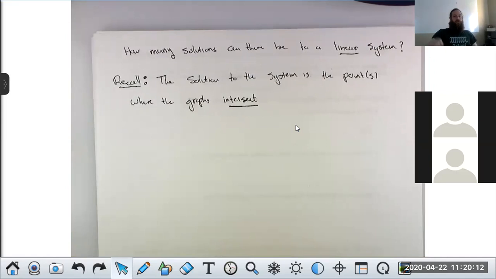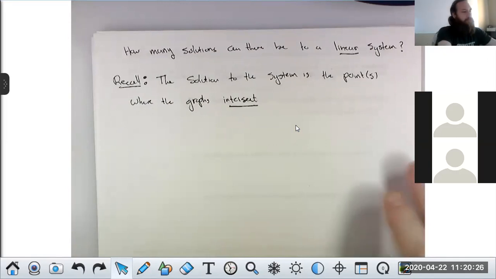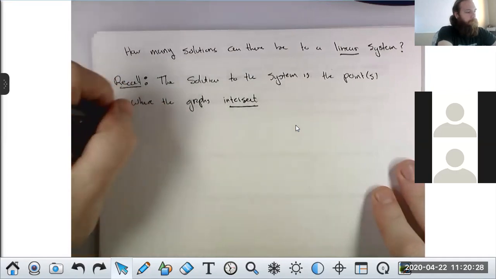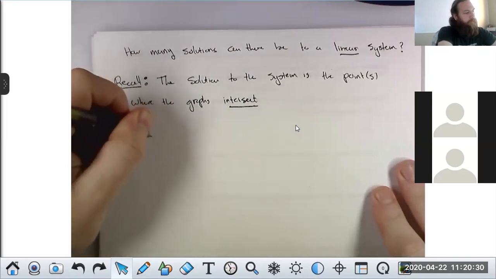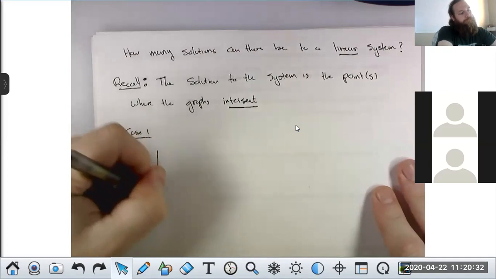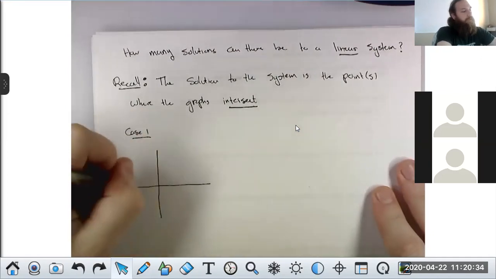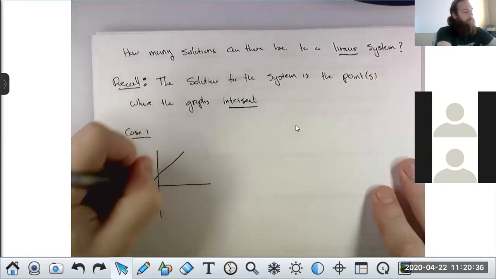Remember, the solution to the system is the point or points where the graphs intersect. And since we're just asking about linear systems, there's only 3 ways for lines to intersect. It's possible that the lines don't intersect at all.